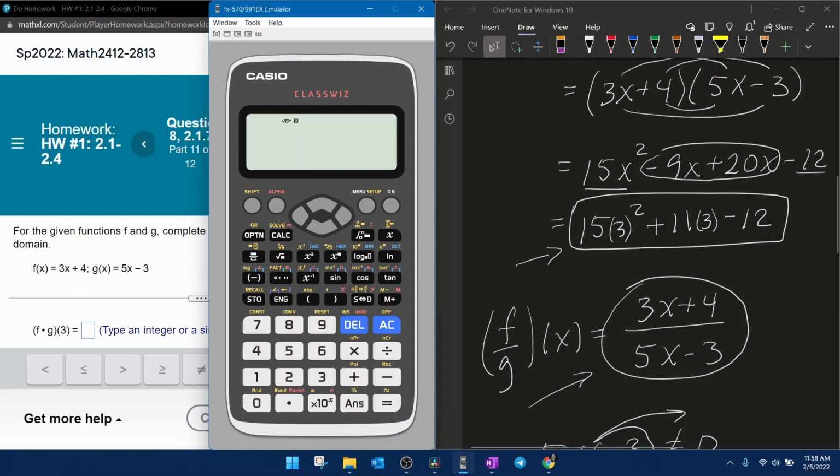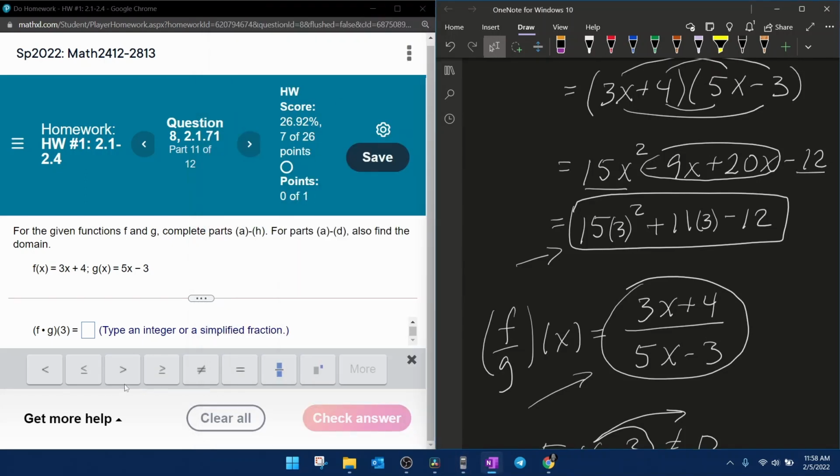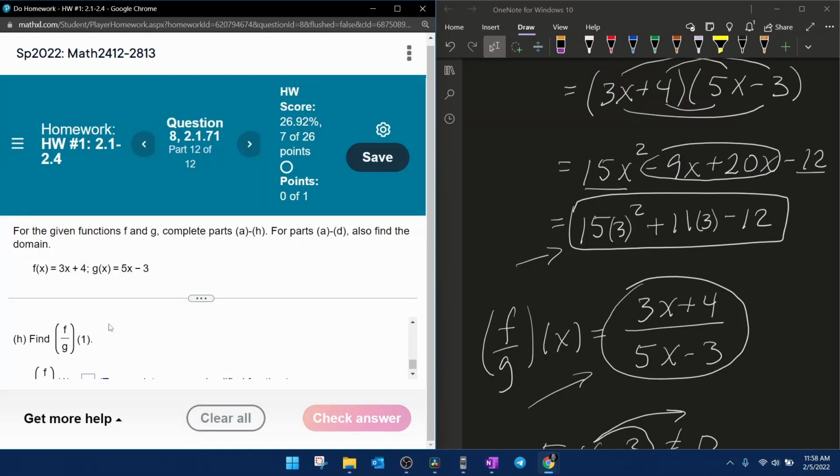So this is a long expression. I wouldn't necessarily want to do this by hand, so I'm going to use the calculator. And with the Class Whiz, we can simply input that exactly the way it looks, all at one time, and it's going to give us the outcome. 156. Let's see if that is correct. Bam.